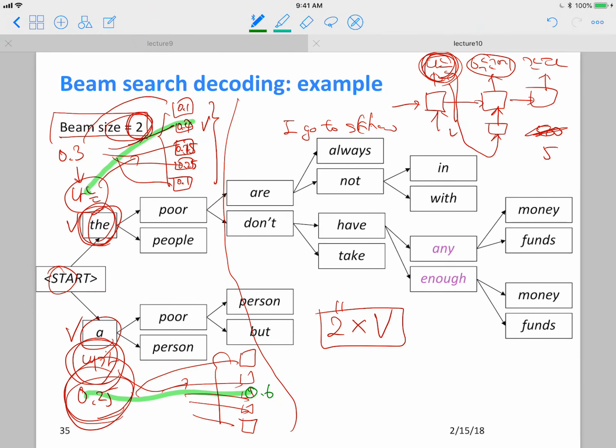So in this case, the second ranked one can be found in a different branch. Either way, we keep those 2 branches.